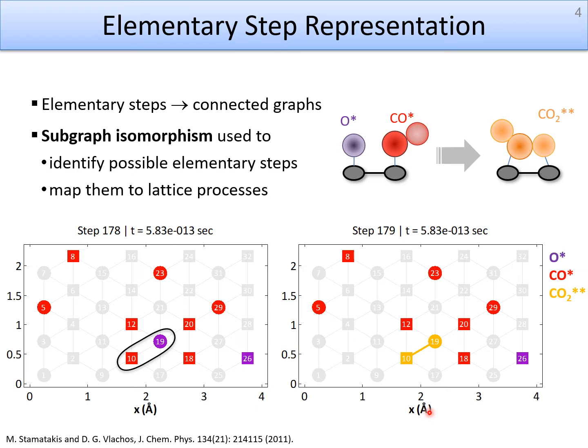So this is how the Kinetic Monte Carlo algorithm can progress by identifying all the possible elementary steps using the subgraph isomorphism solver, and then generating random times for these and simulating the most imminent event, as we mentioned in the previous part of the lecture, at every step, every iteration of the main Kinetic Monte Carlo loop.